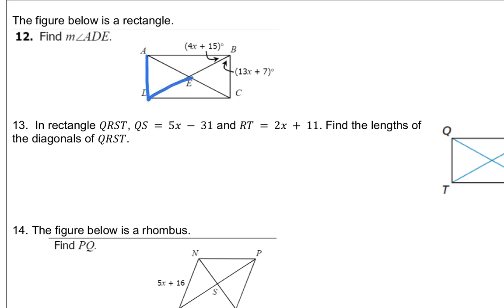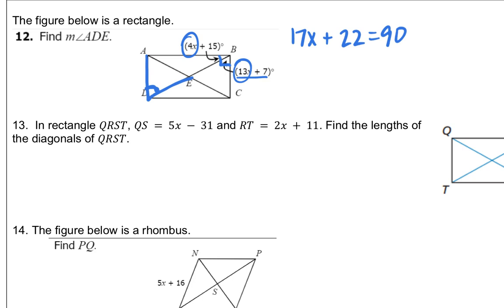Well, ADE is this angle right here, and I know that angle is equal to this. But we know both of these angles have to add up to 90. So I'm just going to add those two things together. So you've got 4x plus 13x, which is 17x, and 15 plus 7 is 22, and they have to add up to 90.